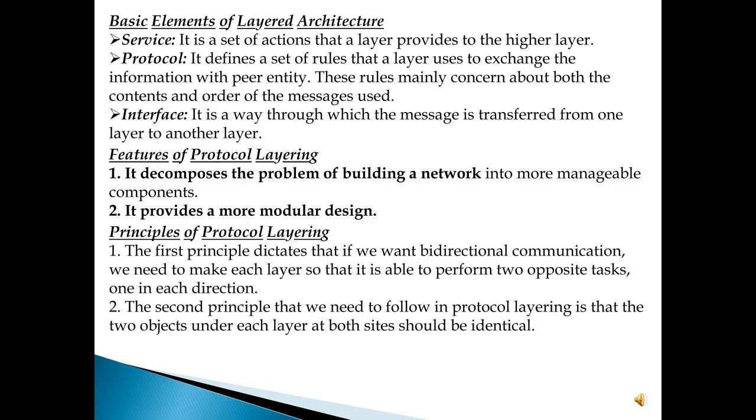The principles of protocol layering are: the first principle dictates that if we want bidirectional communication, we need to make each layer able to perform two opposite tasks, one in each direction. The second principle we need to follow in protocol layering is that the two objects under each layer at both sides should be identical.